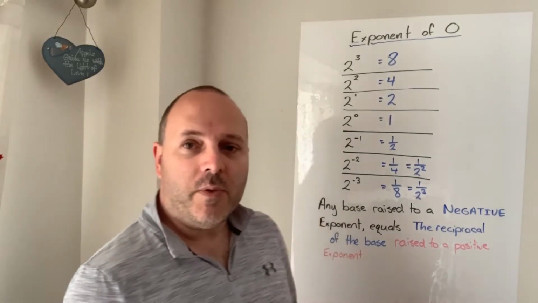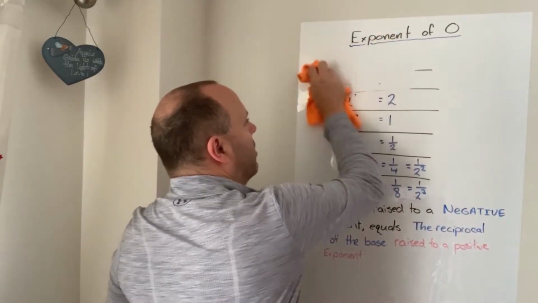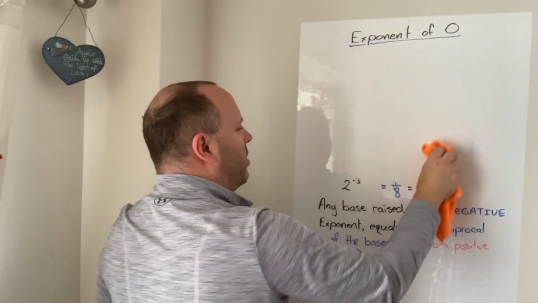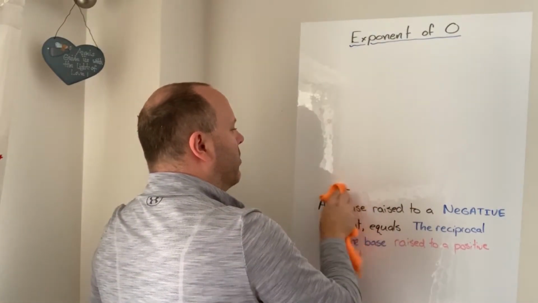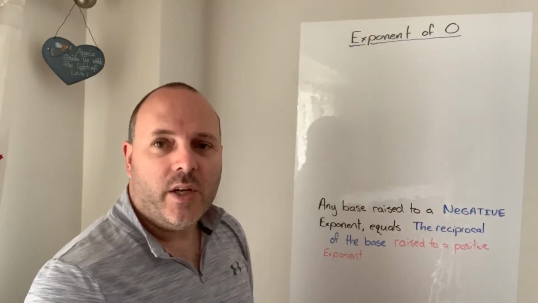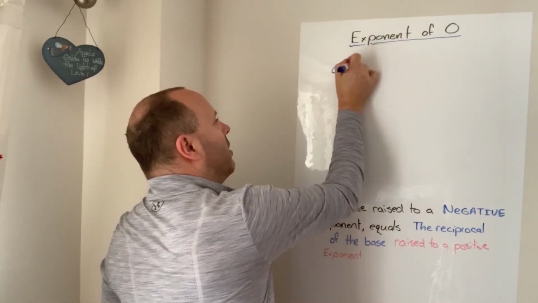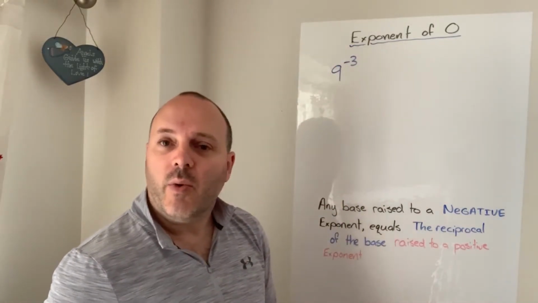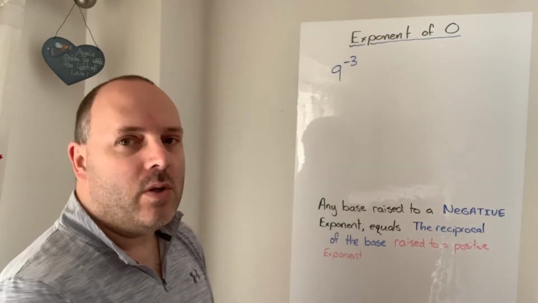Let's see a couple examples in action. I need to get rid of the table. I need a little more space. Here's the first example: 9 to the power of negative 3. I have a negative power, so I have to make the reciprocal of 9.